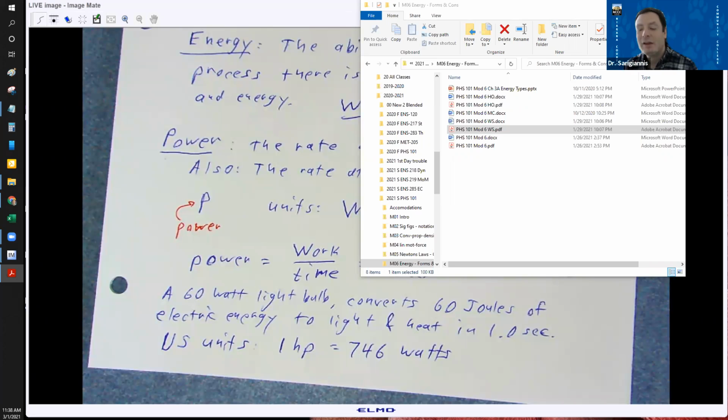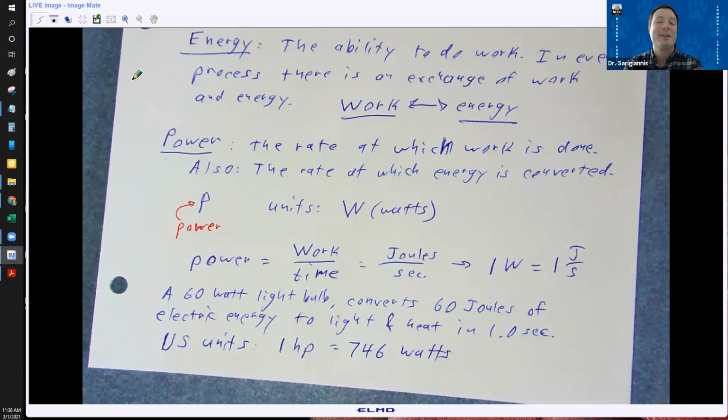Mod 6, okay. So an LED bulb, if you go to the store, you might still see on the package that it's equivalent to a 60-watt light bulb. But if you look at the actual rating on that LED, it's not 60 watts. It's going to be something like 10, and the package should say what the power rating is. The problem is that for so long in the US, we've used watts interchangeably with how much light something gives off.